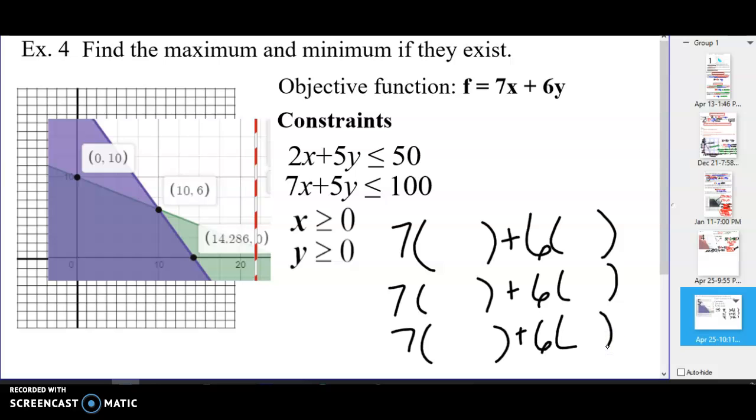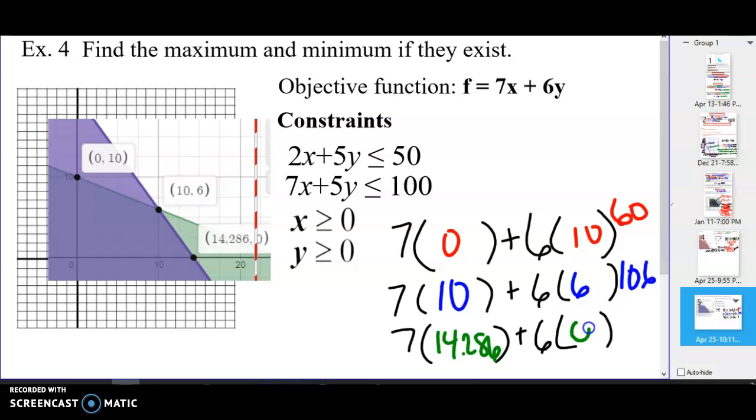Okay, so 0, 10, that's 60. If I do 10, 6, so 70 plus 36, 106. And if I do 7 times 14.286 and 0, gosh, I don't know what that is.